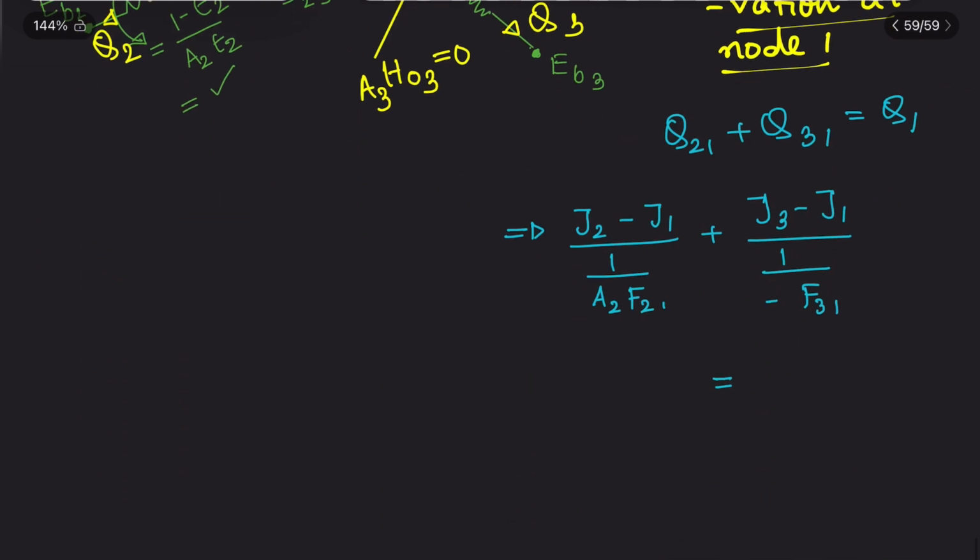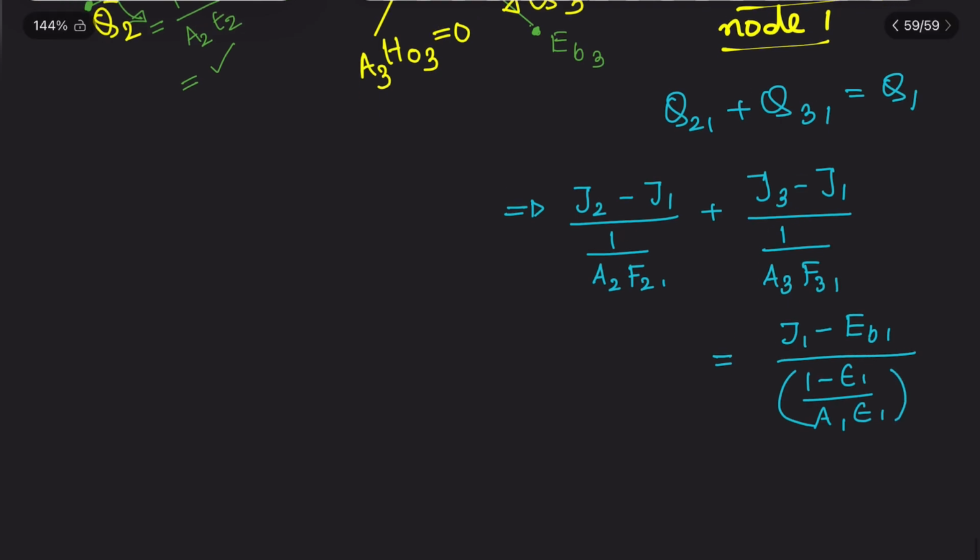J1 minus EB1 by 1 minus epsilon 1 by A1 epsilon 1. Clear?